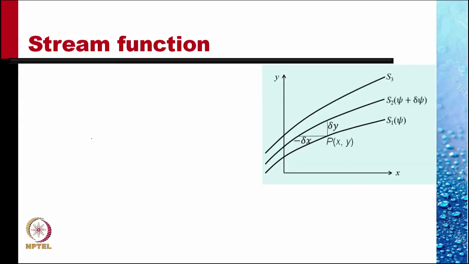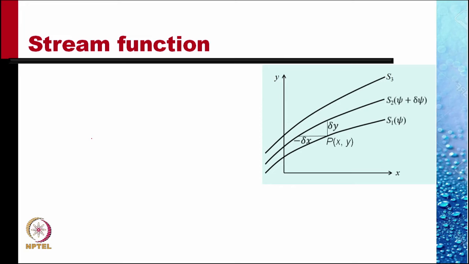Let's look at this in further detail. Consider a point P at location x, y on streamline S1. The value is psi. Let's draw a vertical and horizontal line from point P to the next streamline S2.